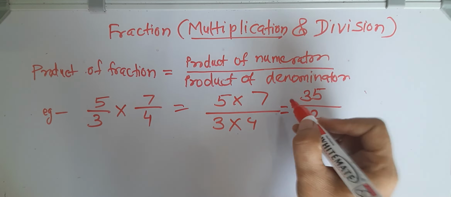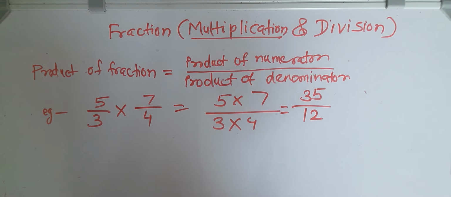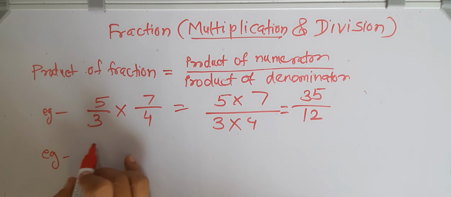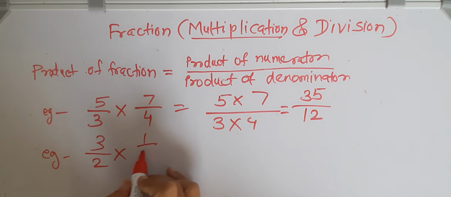And if you have to reduce it to the lowest term, always do that. Keep that in mind: we have to reduce our answers to the lowest term, and if a mixed fraction is asked for, convert it into a mixed fraction. Let's take another example. Suppose we have 3 by 2 and we have to multiply it by 1 by 4.